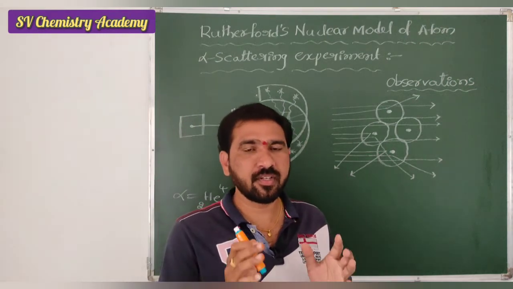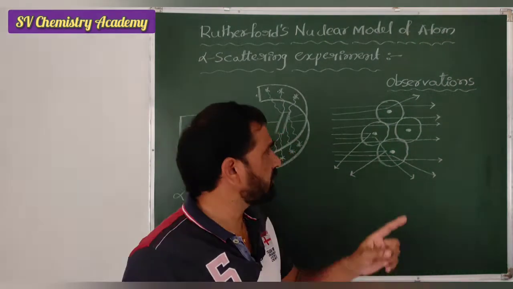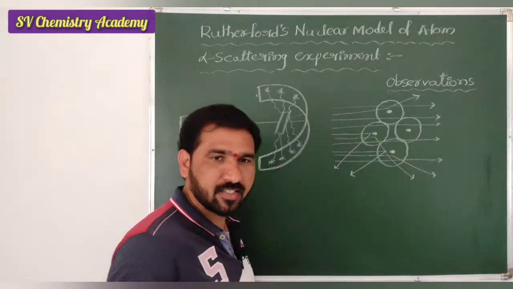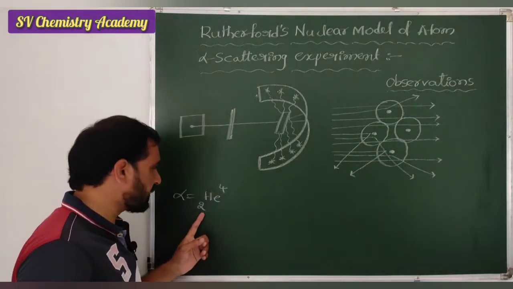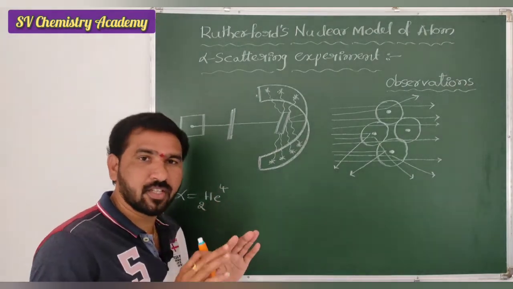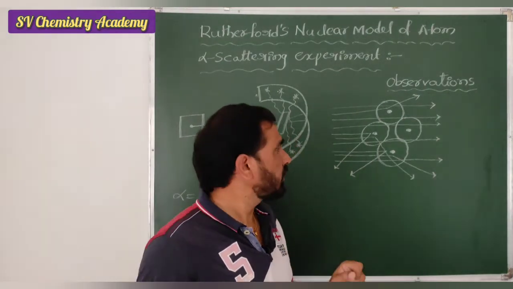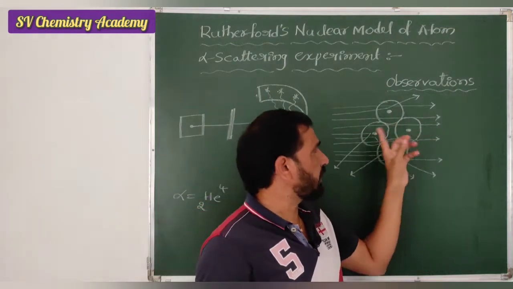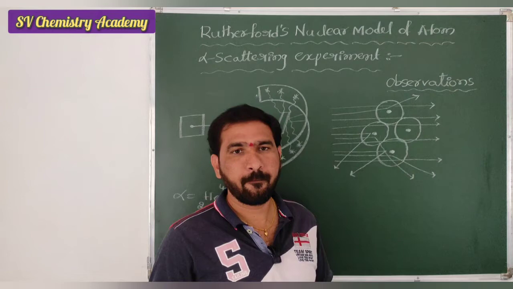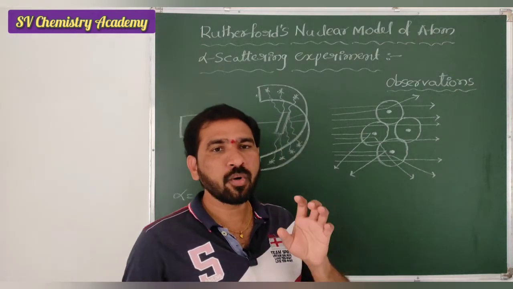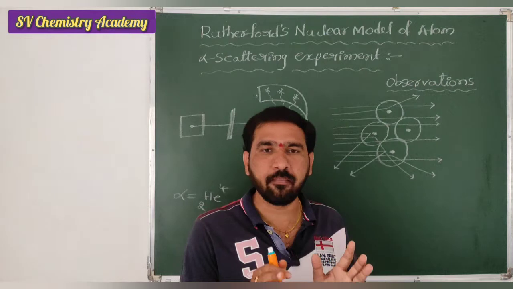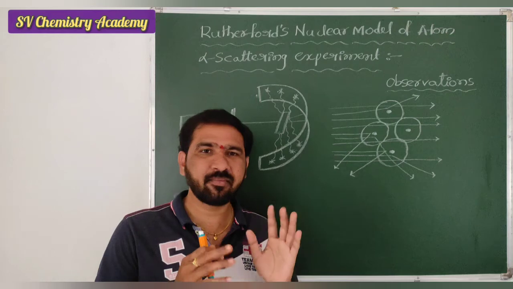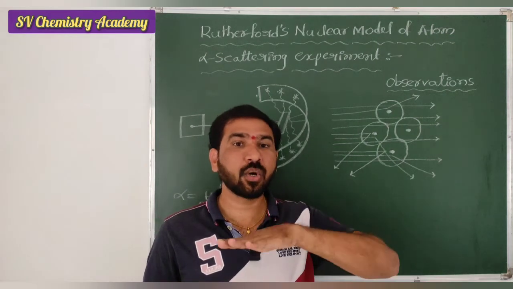By this alpha scattering experiment, Rutherford observed some points. Most of the alpha particles, which have 2 positive charges and mass number 4 with no negative charges, passed through the gold foil. It means most of the space of the atom was empty. But Thomson presumed positive charge spread throughout the atom.